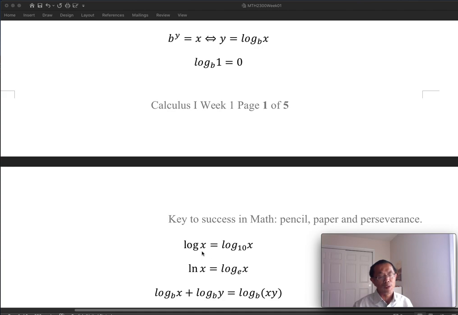Many times you may also see a logarithm without a base, log of x. I want you to know this is the common logarithm, log base 10 of x. It still carries this name, but nowadays we really don't use the common logarithm at all. It was very common probably in the early 20th century, 1900 or even earlier, when people developed techniques to handle logarithms with base 10.